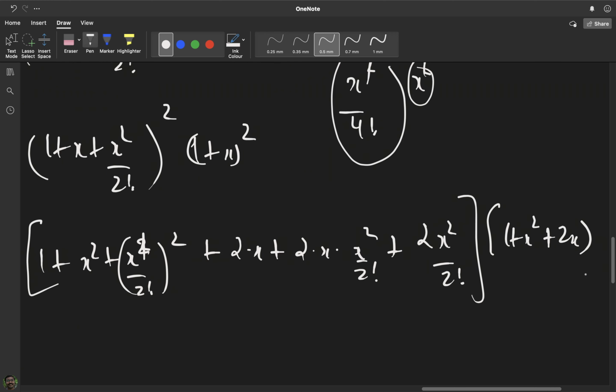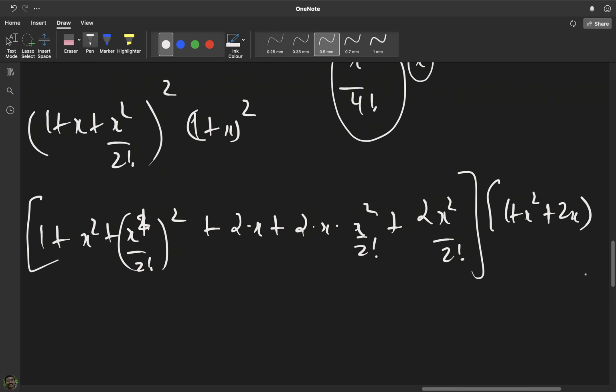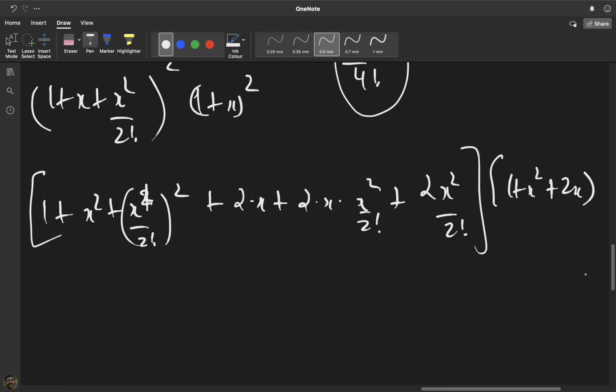Now we will be picking out terms involving x raised to 4 here. So when will x raised to 4 come? When I multiply this x square with x square, I will get x raised to 4. So I will just write down terms involving x raised to 4. Again, if I multiply this x square with this one, I will get plus 2 x raised to 4 by 2 factorial.